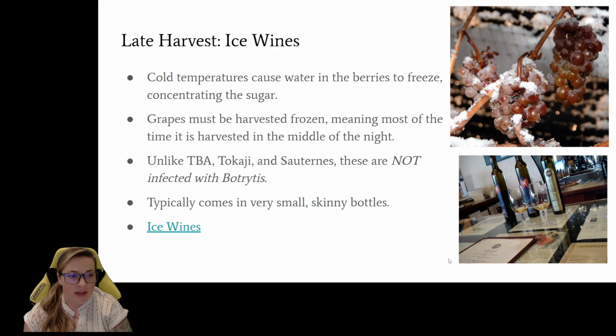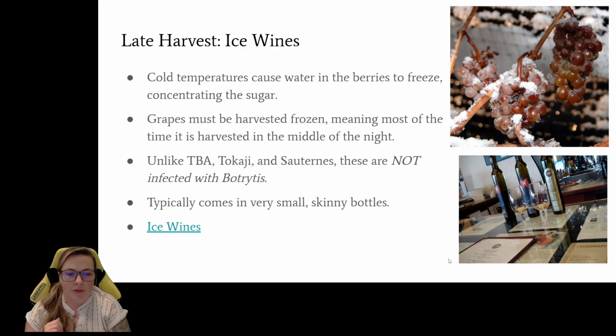Germany made ice wine very popular, and this is a wine that can only be created if you live in an area that you're able to leave the grapes on the vine long enough to a season where it actually freezes. The water inside the solution of the berry matrix will freeze first before the sucrose solution does. So just that act itself will concentrate the sugar solution left behind, right?